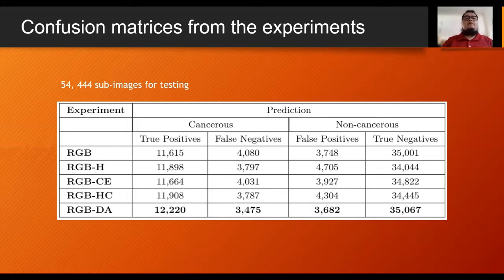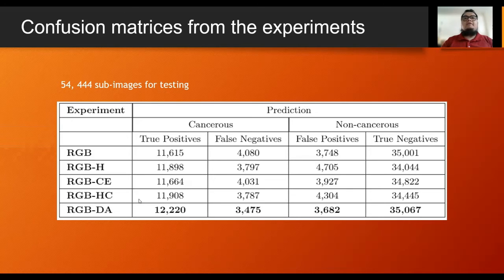Finally, we performed data augmentation on the previous experiment, and we trained the neural network again with this new number of sub-images, and we obtained the results with this methodology.